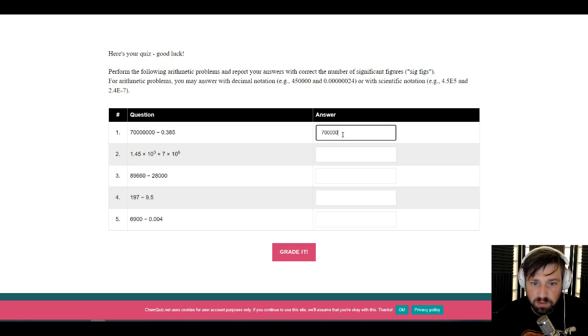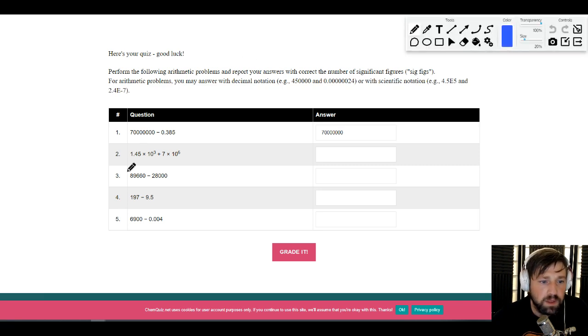1, 2, 3, 1, 2, 3. Okay. Here, it's a little different. I'm going to pull out my marker again. I'm going to change this to standard notation real quick to show you what I mean. 1, 2, 3. So this is going to be 1,450.